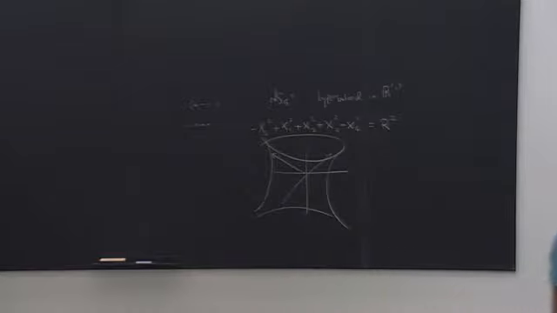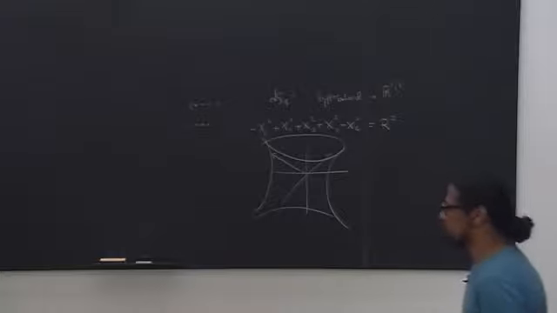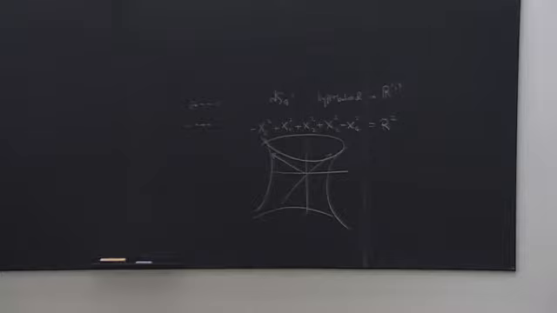So the technical assumption would be that they're connected and simply connected, right? Meaning that a manifold is simply connected if every closed loop can be deformed continuously to a point.